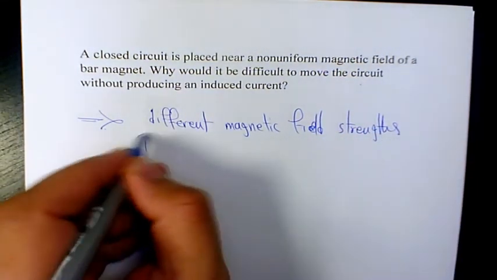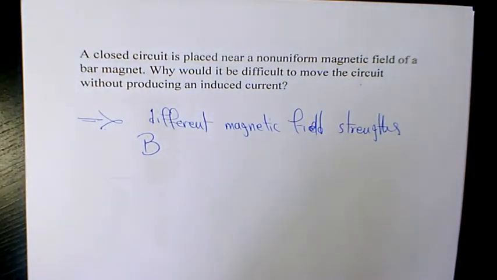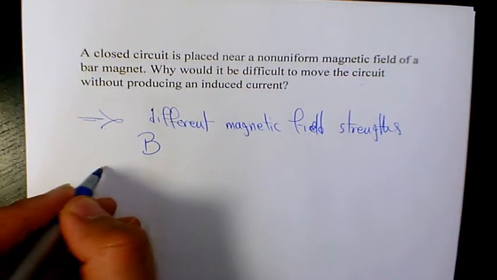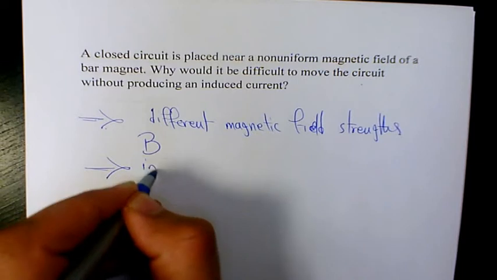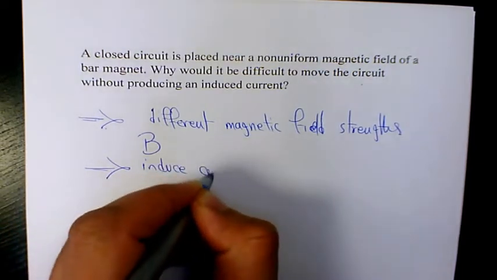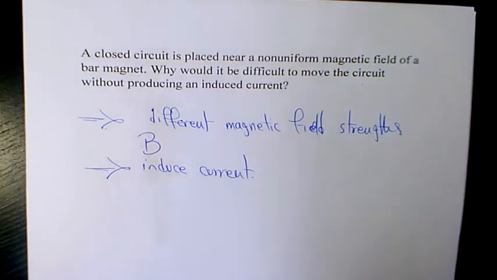So since it's going to experience different B values, it is going to induce current because of the changing magnetic field strength.